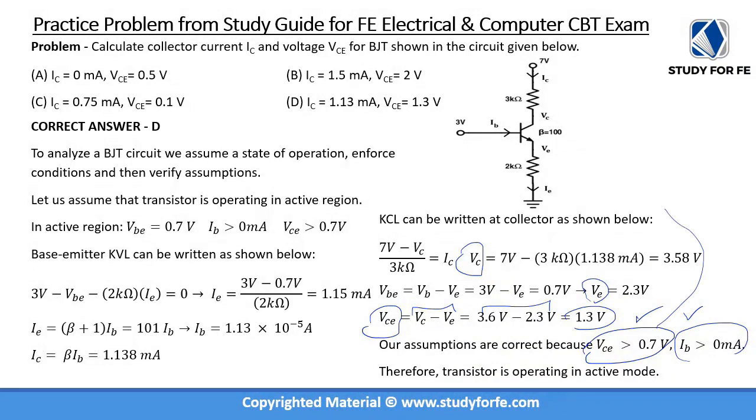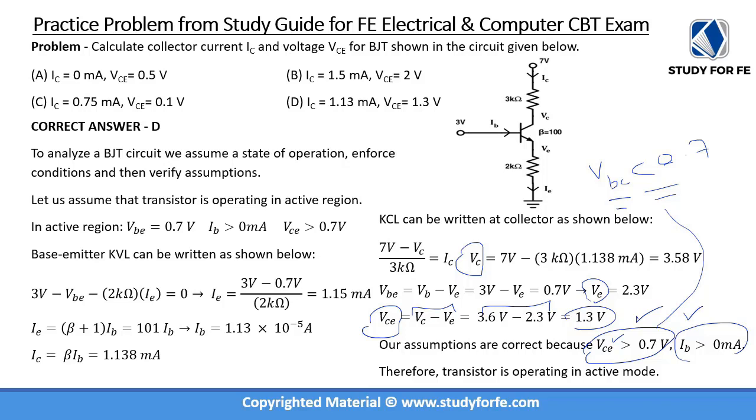Now you can confirm that VBC will be negative, less than 0. Actually, 0.7, it should be reverse biased. But as I mentioned before, in some textbooks you will see this condition. In the NCEES FE reference handbook you'll see this condition, but you can verify it yourself that that will be the case.